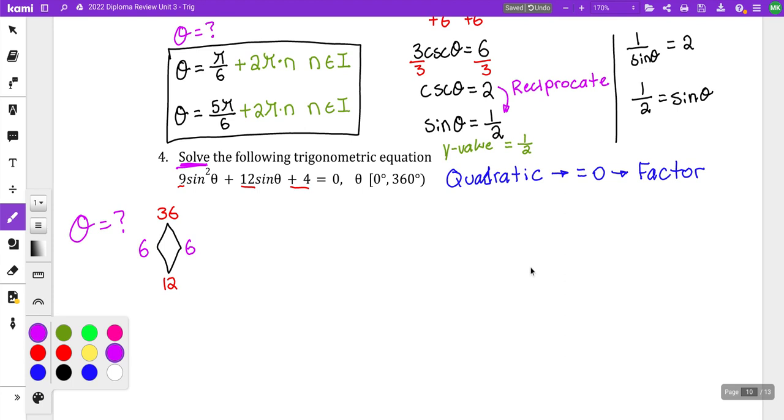Perfect. That means my equation will factor to look like this. 9 sine theta plus 6. Where did I get that from? The 9 came from my A value. The plus 6 is the left side of my diamond. I then do it again.